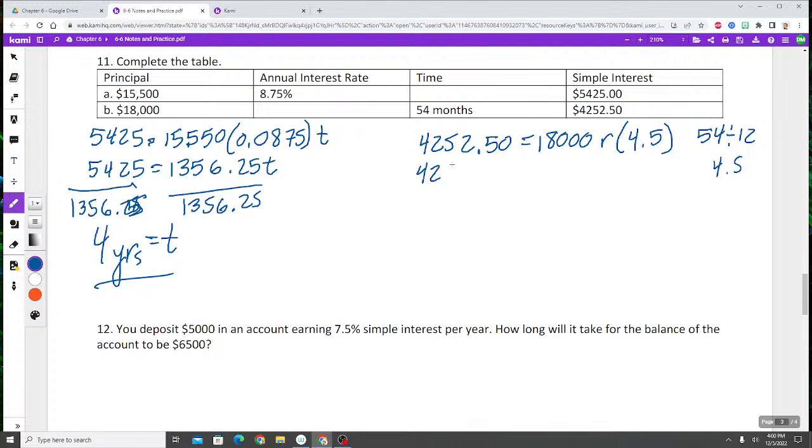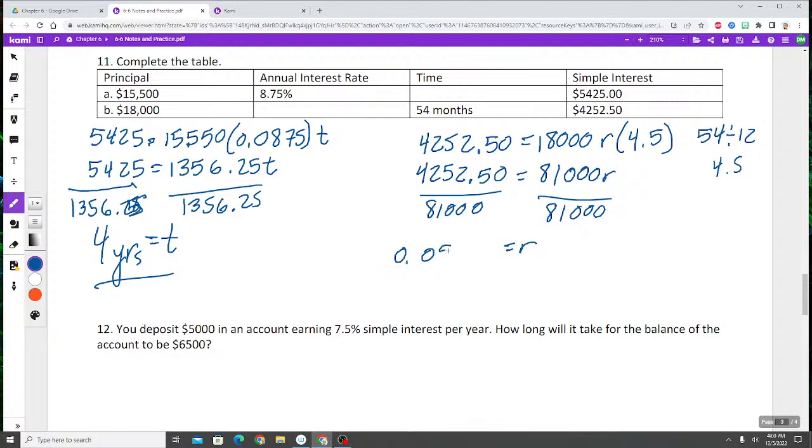Multiplying that right-hand side together, we get 81,000. We divide both sides by 81,000. And we get 0.0525. Multiply that by 100, and that gives us 5.25%.